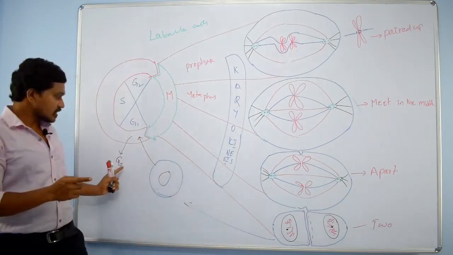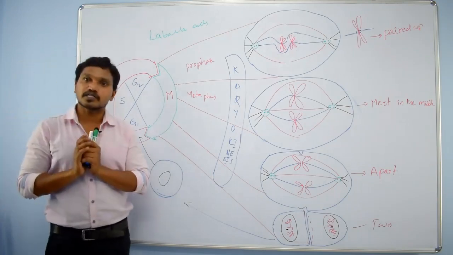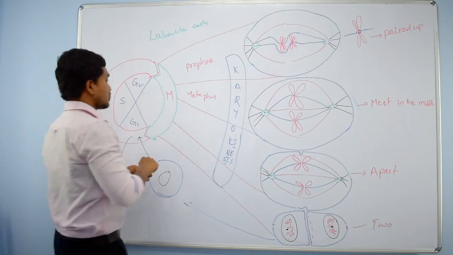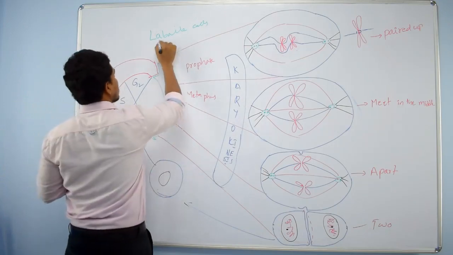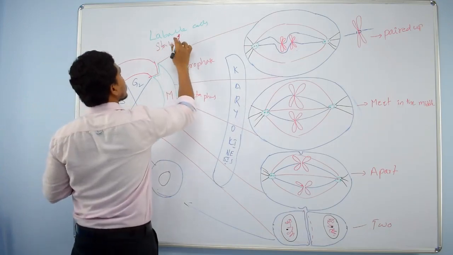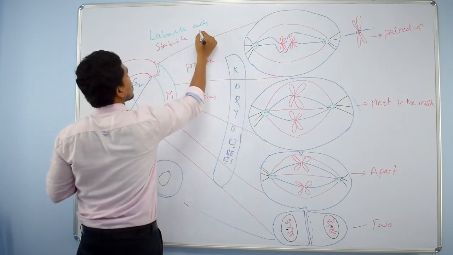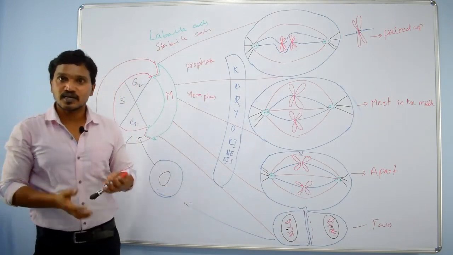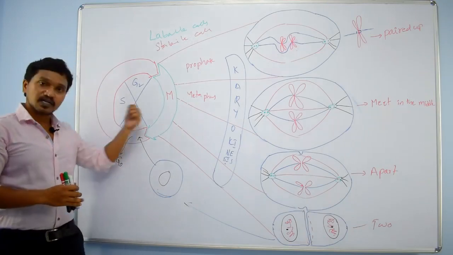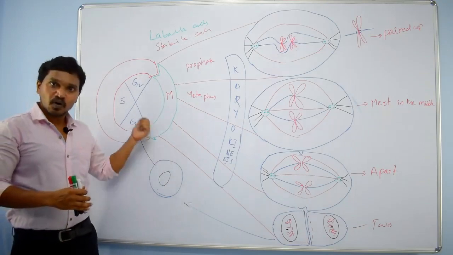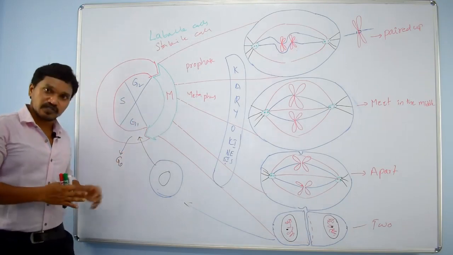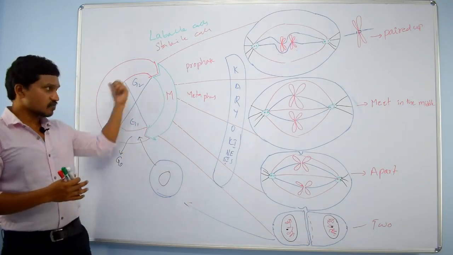Again those cells enter into G0 phase and rest. Those cells we call stable cells, right. Clear?